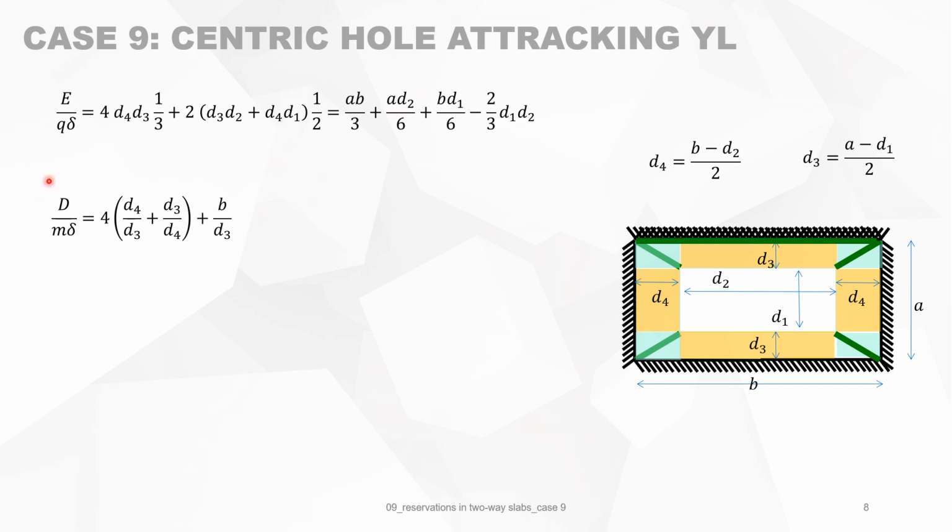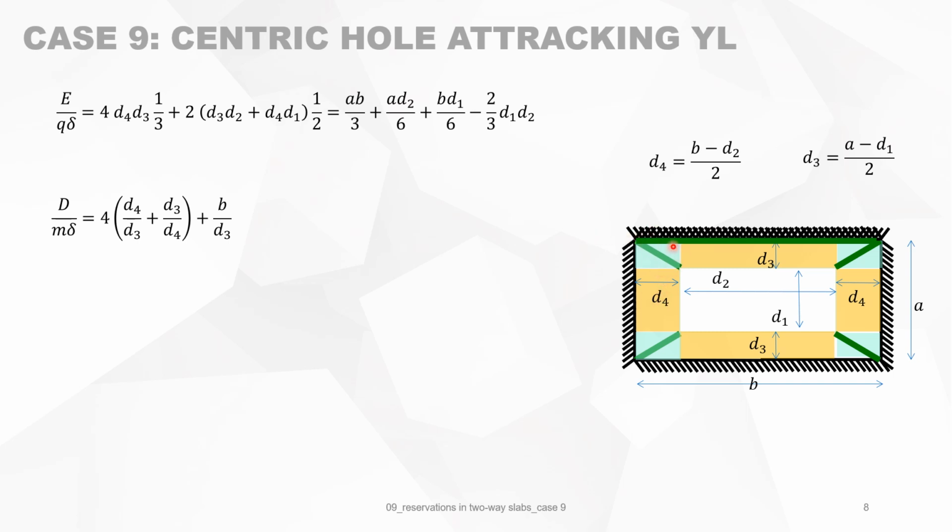The work done by the internal forces or bending moments is then equal to, first, those 4 yield lines. It's d4, which is the length of the yield line projected on this axis.